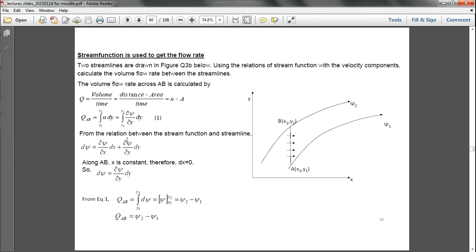Nonetheless, let's come back here. So using this equation, this is another thing you need to put inside your toolbox. You need to remember this. And as you know, dx equals 0, because you're talking about the y changes, you're not talking about x.